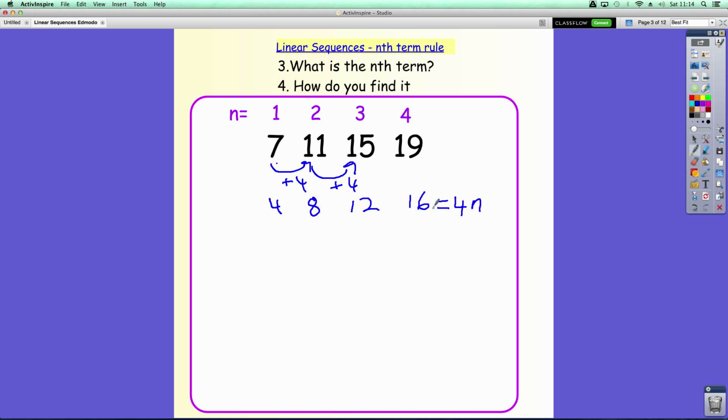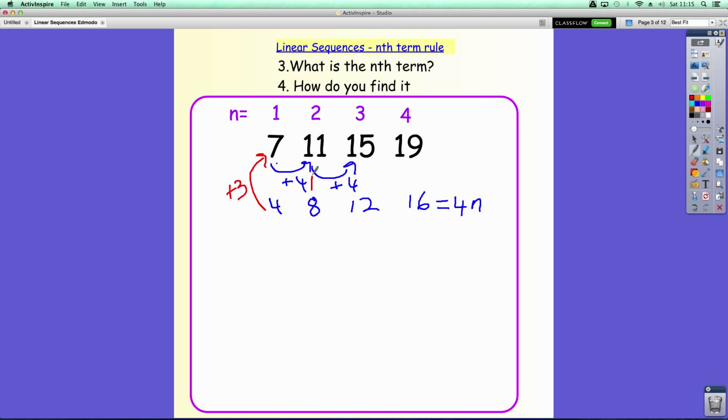Once we found that that's 4n, we can then make the link between this sequence 4n and our original, and we do that by comparing. We can see that to get from 4 you add 3. Now you only need to do that for the first term, but if you wanted to check it across the others, you can see that it works as well.